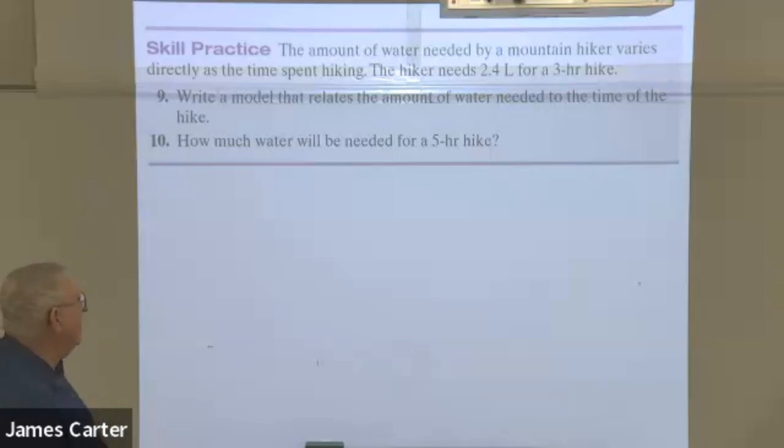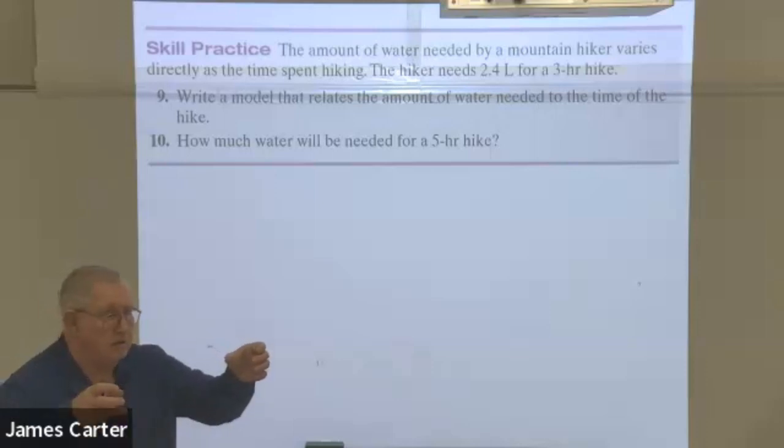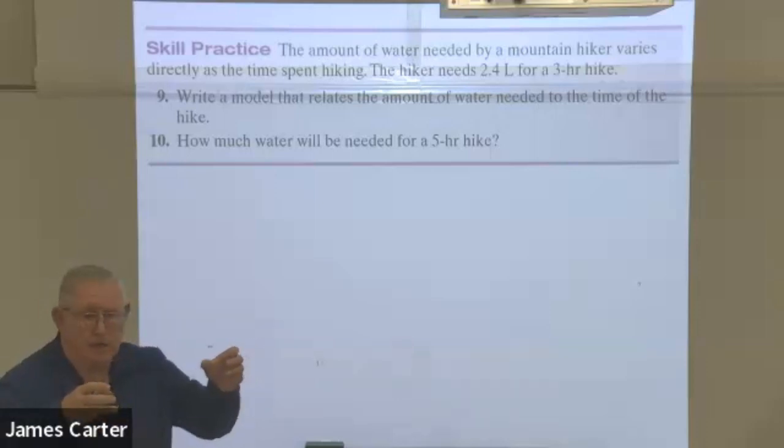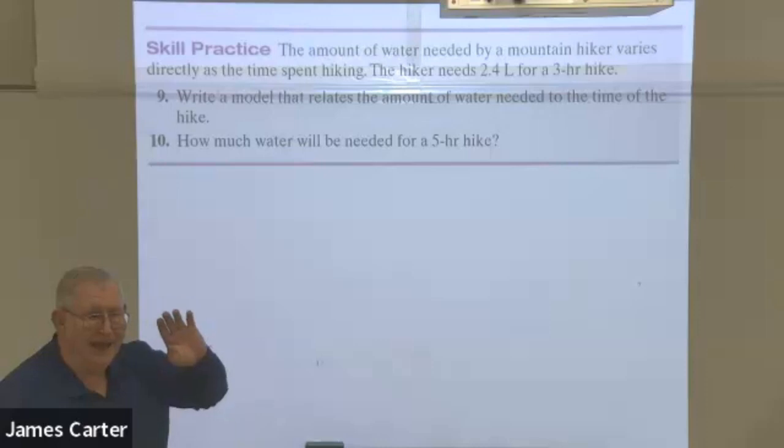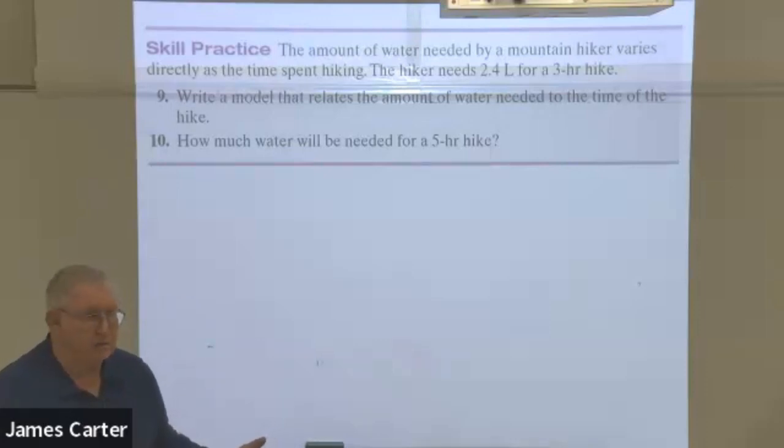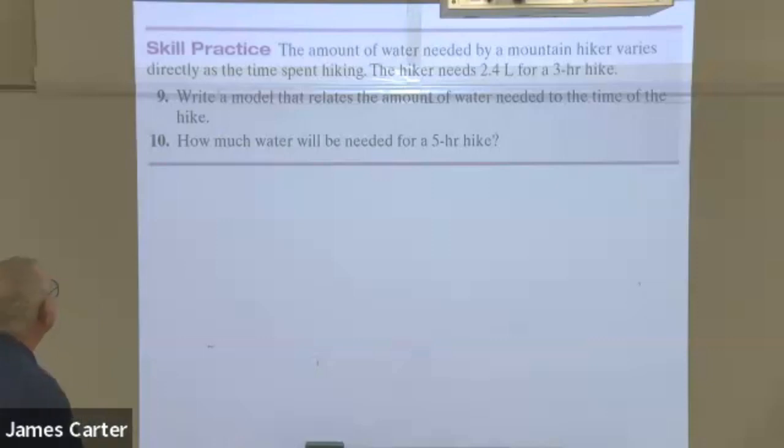Now, we didn't have that much. We had 16 ounces times 2 bottles, 2 16-ounce bottles apiece, which roughly equals 1 liter. So we had about half the amount of water that we should have taken, is what this is saying.